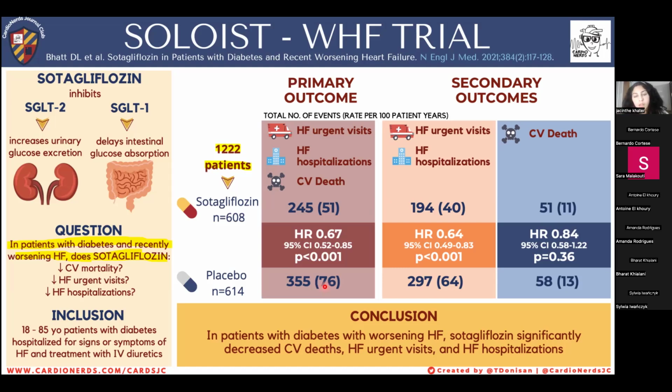Oh, I didn't understand this remark. So I said that this is a co-primary endpoint, a sum of heart failure urgent visits and heart failure hospitalization, which mean the same thing. So there are two items pointing at the same point, plus cardiovascular death. So this is a debatable primary endpoint.